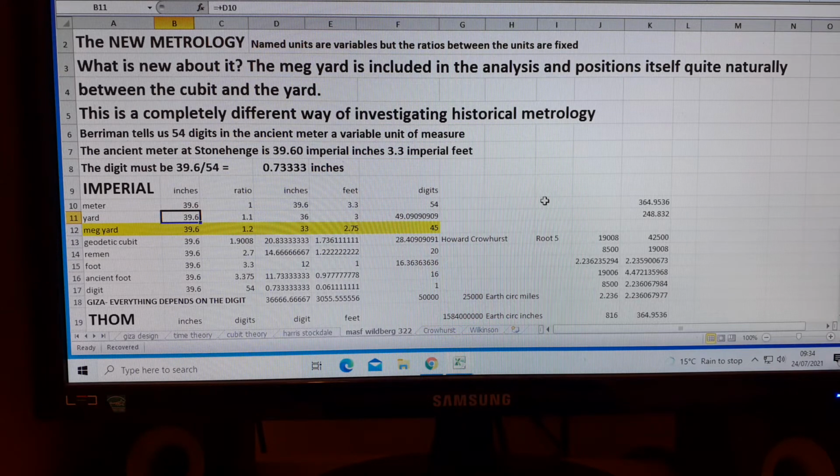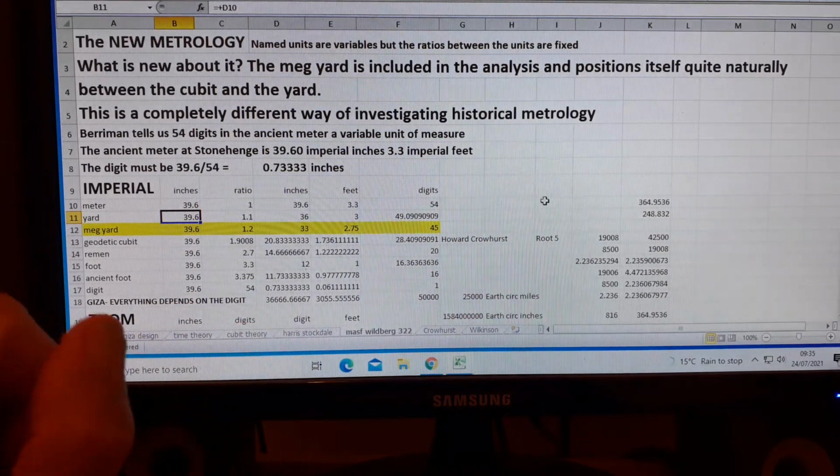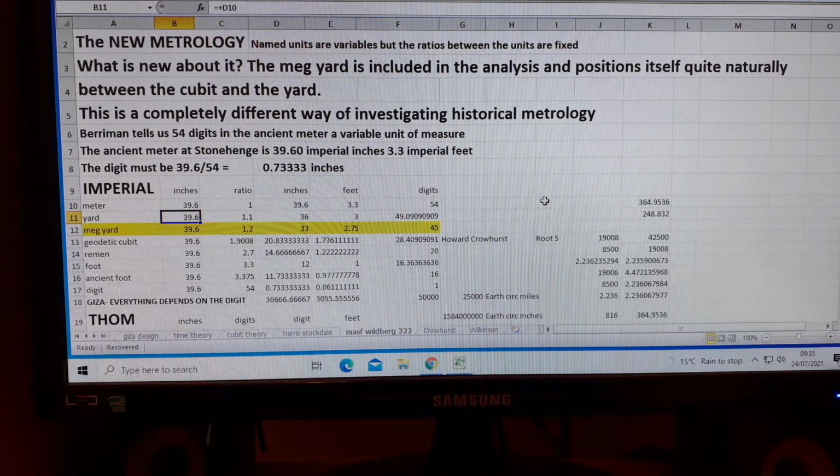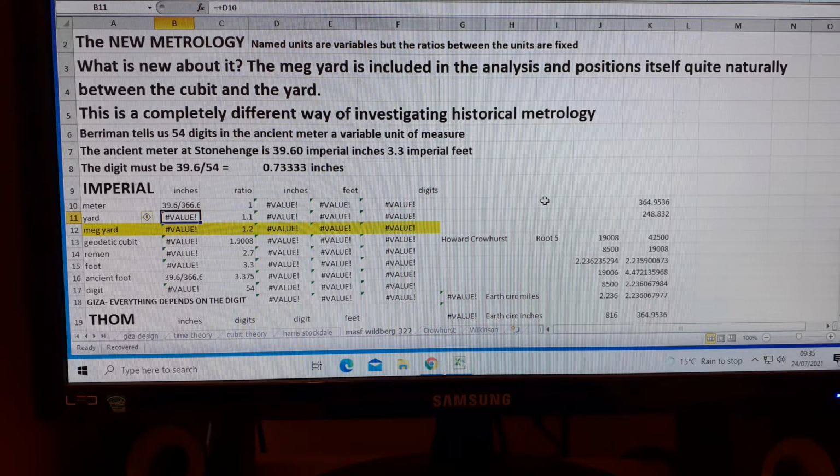Now, if the base length is 352 inches, we're going to have a meter of 39.6 divided by 366.666 times 352. I'll have to put a plus in there at the start.